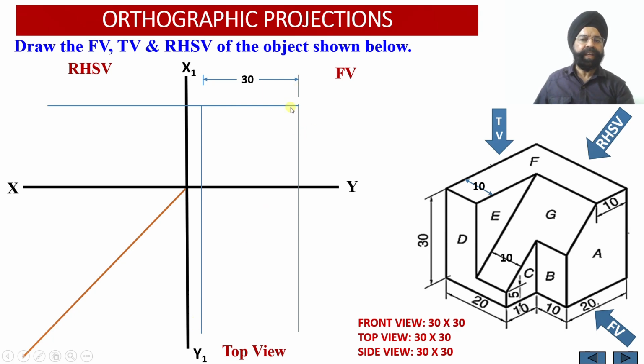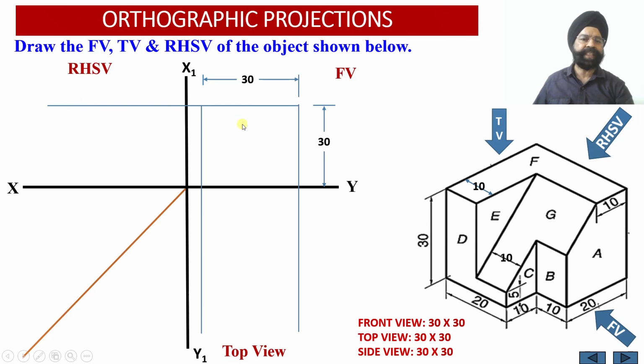Similarly, the projection line corresponding to the height will also be required in the right hand side view. So this height projection line has also been extended onto the right hand side view, right?